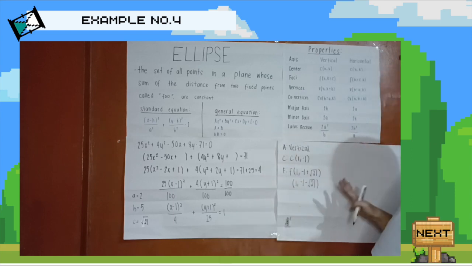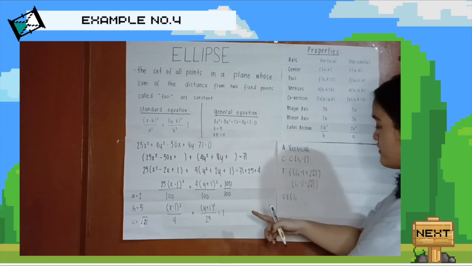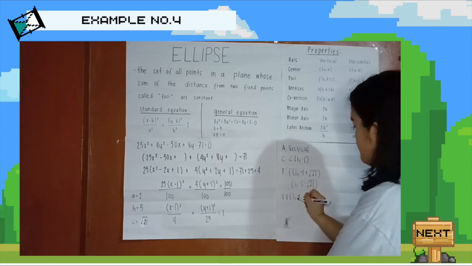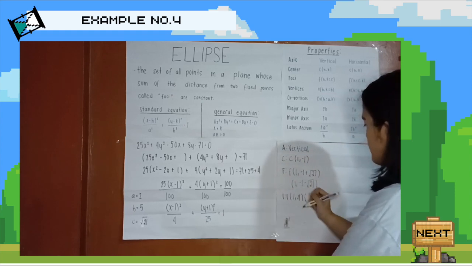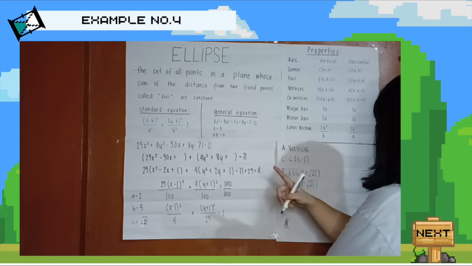And this is our foci. For the vertices, 1 plus 5 is 6 and 1 minus 5 is negative 4.